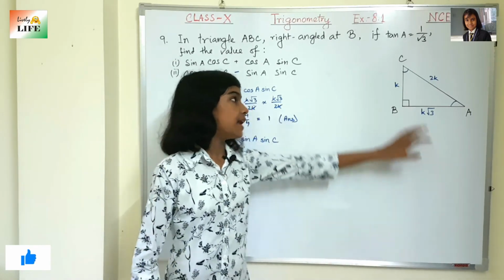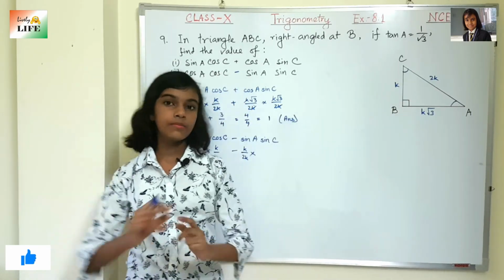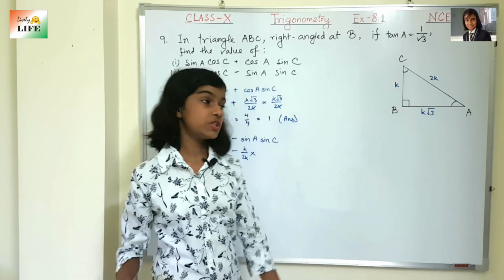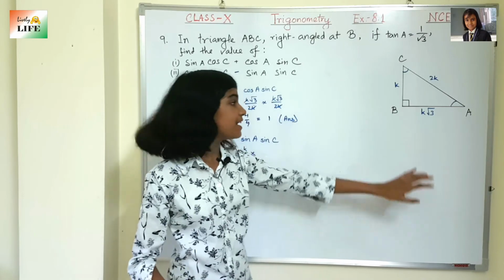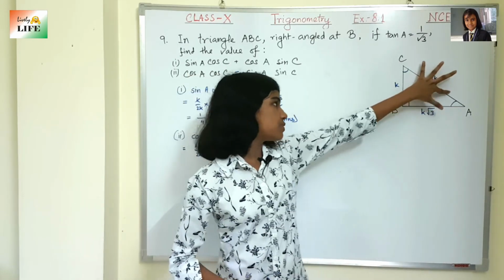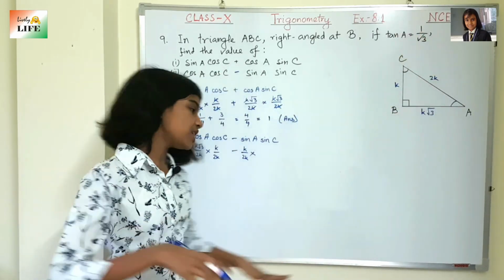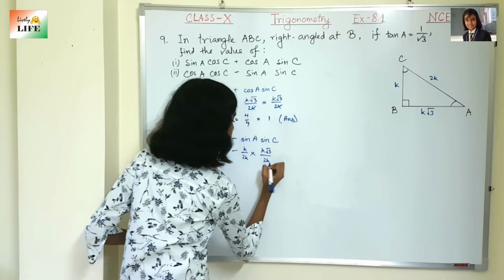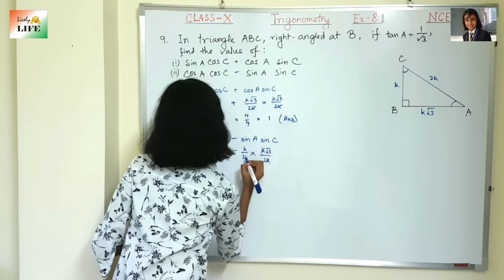Sin C. Now in respect to angle C, what is sin? Again it is perpendicular by hypotenuse. So in respect to angle C, which is the perpendicular, now AB is the perpendicular, right? So it will be K root 3 and hypotenuse is AC. So it will be K root 3 by 2K. All the K will be cut.